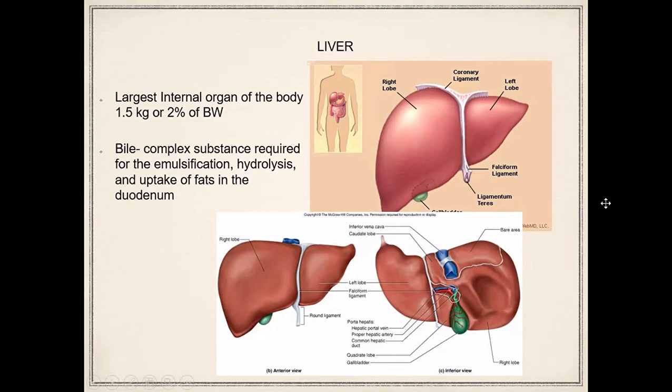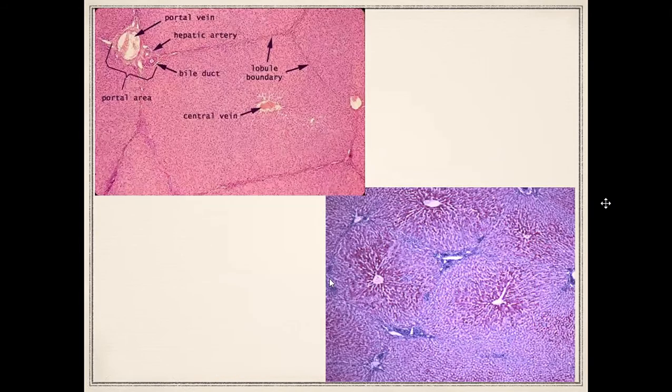We are interested in the histological part. So this would be a part of the liver, and you see the portal area or triad. When you see the triad, of course, you would know the portal vein, the hepatic artery right there, and the bile duct.